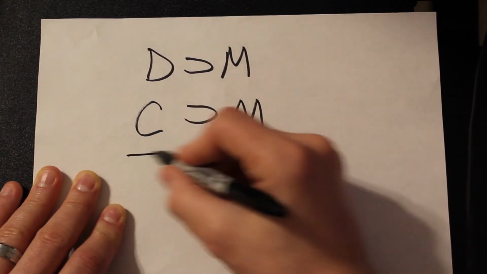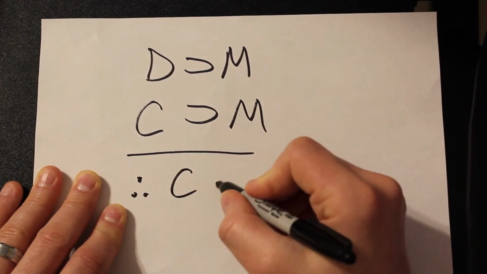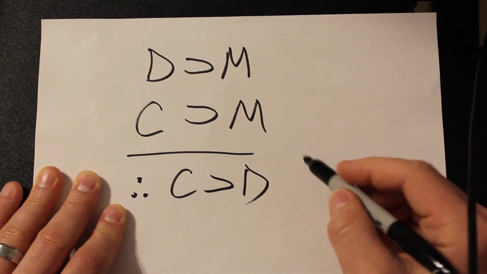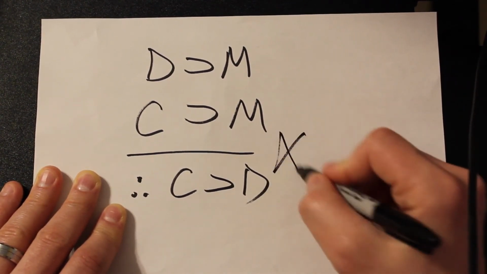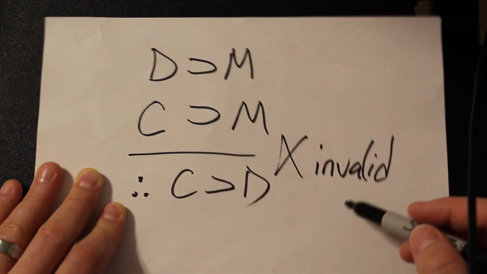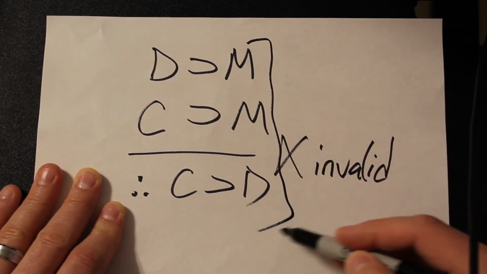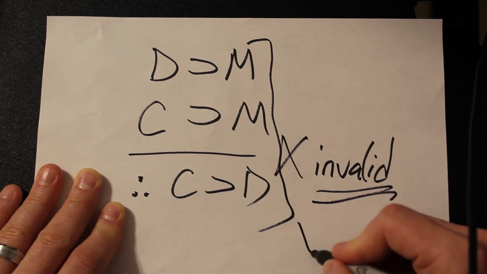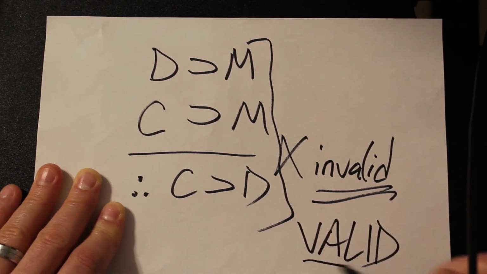We can't. So to conclude that if it's a cat, then it's a dog, to conclude that would be invalid. Whether or not the conclusion is true or false doesn't matter. It's an invalid argument. The structure is wrong. So validity, remember, to be valid, you must look at the structure, the logical structure.